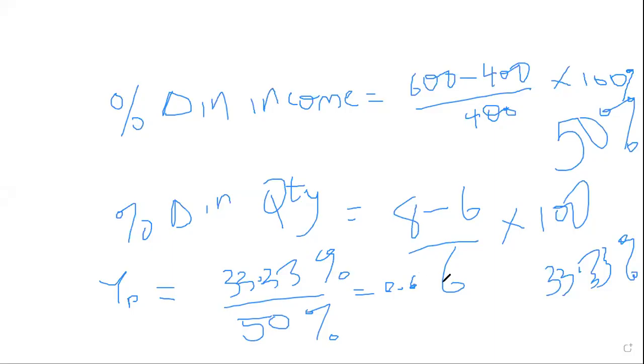Right. So that's how you find the income elasticity of demand. Clearly here you see that it is positive. And being positive means that the commodity is a normal good. And it's also less than one. That means that it is a necessity. So a normal good and also a necessity.